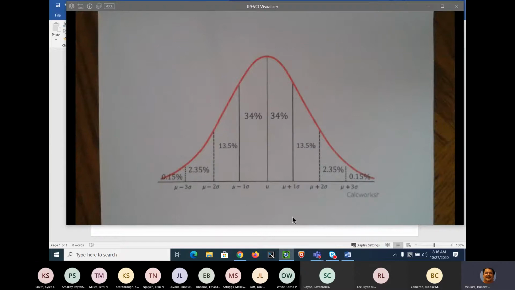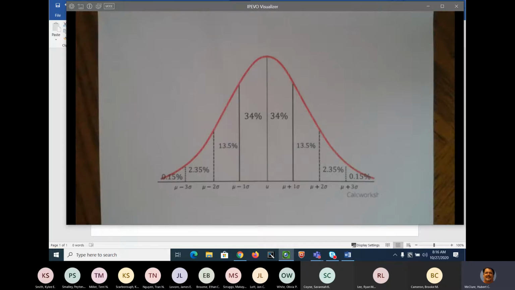So with that being said, let's go ahead and continue on with 7.1 and 7.2. Let me get a new marker.